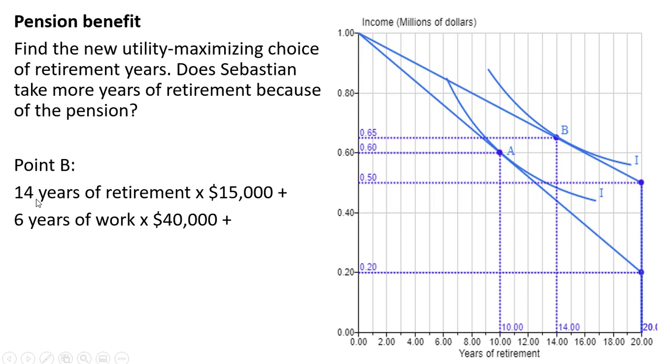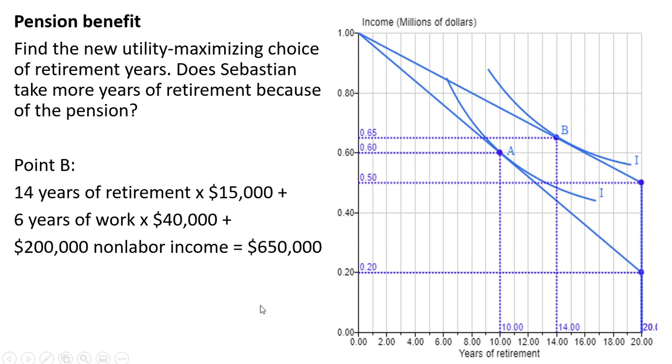So at point B, we've got 14 years of retirement times a pension benefit of $15,000 for each year of retirement, plus he's working 6 years at $40,000 a year, plus the original $200,000 of non-labor income. So this point occurs at $650,000 or $0.65 million.